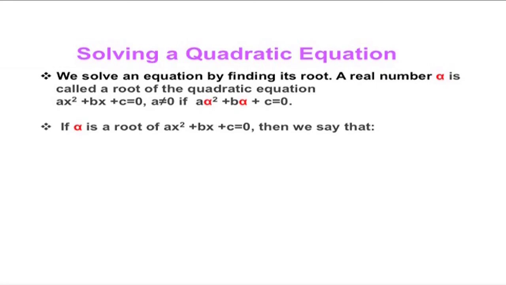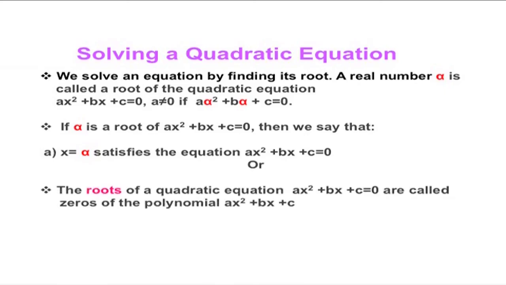If alpha is a root of ax square plus bx plus c equal to 0, then we say that x equal to alpha satisfies the equation, or the roots of the quadratic equation are called zeros of the polynomial ax square plus bx plus c.